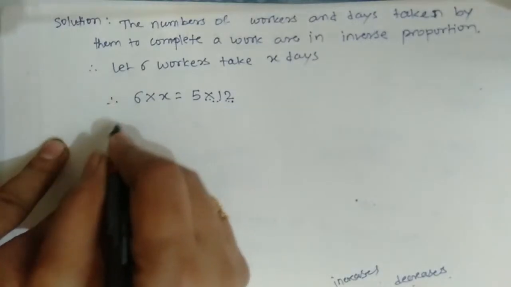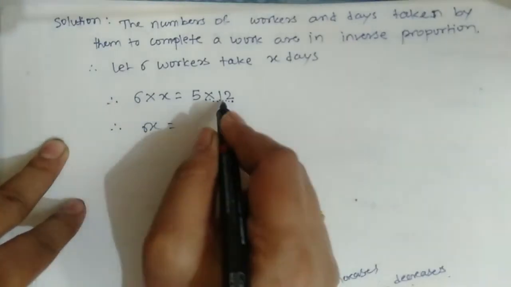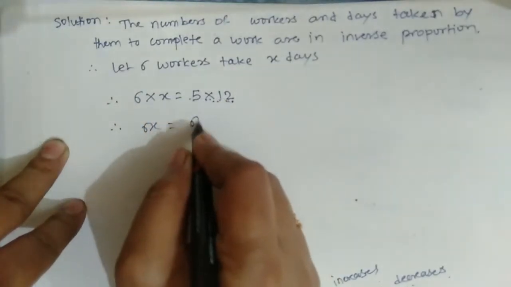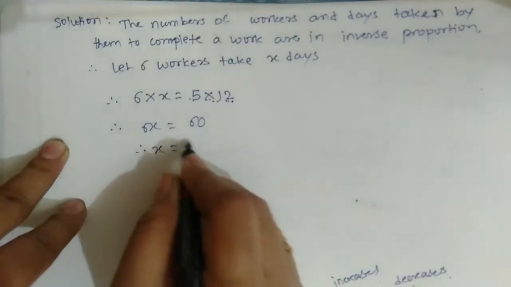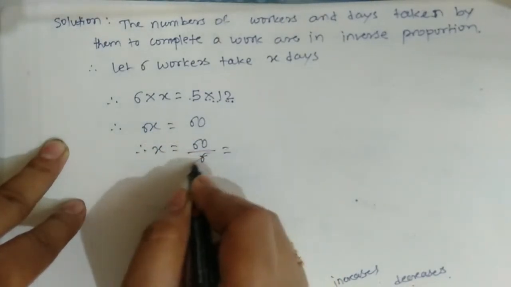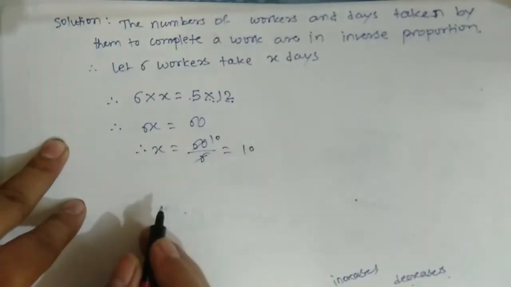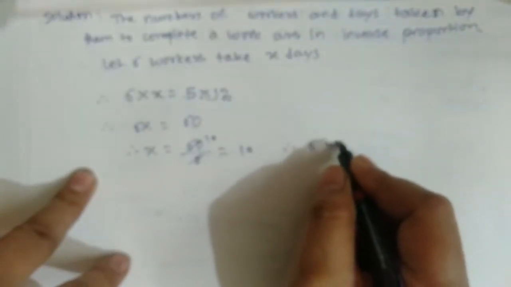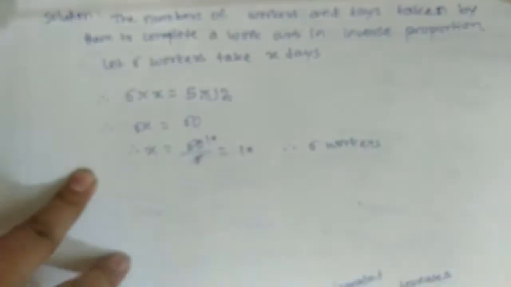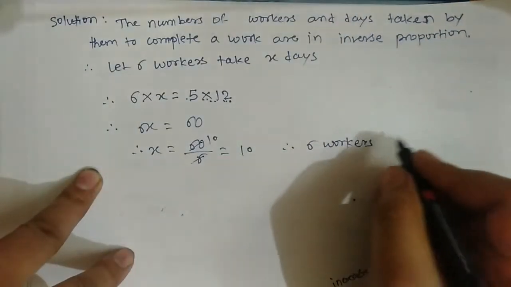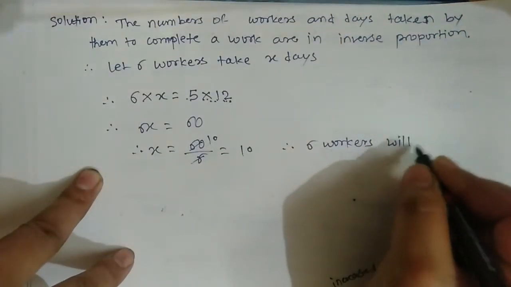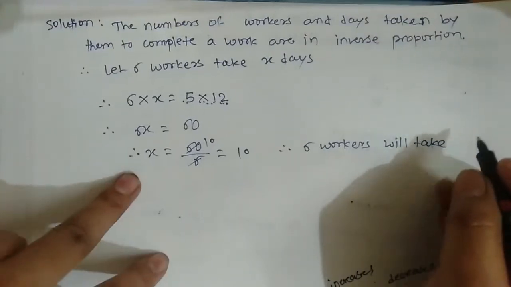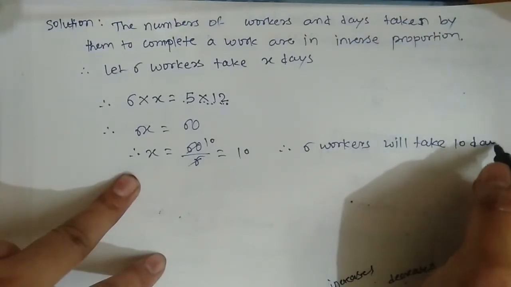Now solve this. 6x is equal to 12 times 5, which is 60. Therefore, x is equal to 60 upon 6. It is 10. So, therefore, 6 workers will take 10 days.